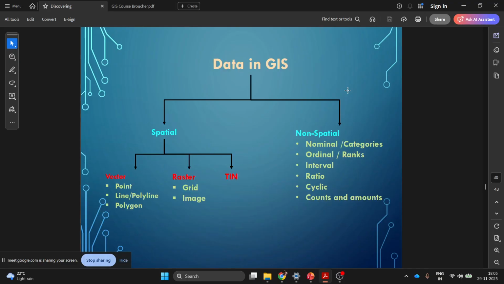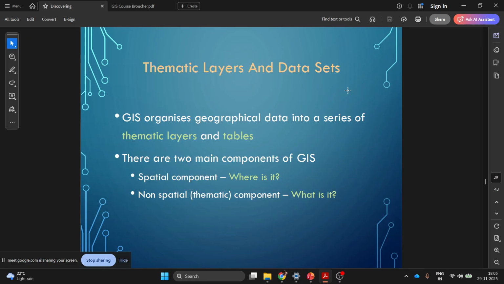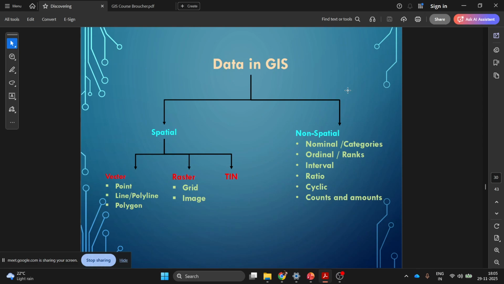So these data sets can be divided into two types: spatial and non-spatial data. The spatial data consists of vector, raster and TIN, whereas non-spatial data also contains different classifications. The spatial data is where it is and non-spatial data is what it is. Spatial data consists of three types.